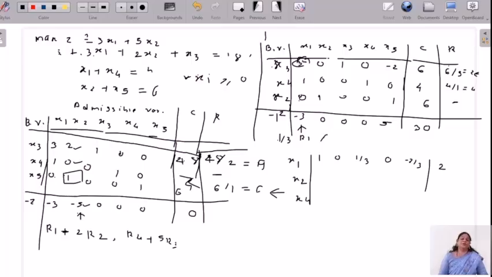Therefore our operation is R2 minus R1. 1 minus 1 is 0, 0 minus 0 is 0, 0 minus 1 by 3 is minus 1 by 3, 0, 1 minus 0 is 1, then 0 minus 2 by 3 is plus 2 by 3, 4 minus 2 is 2. This contains the 0, then no need to do anything.